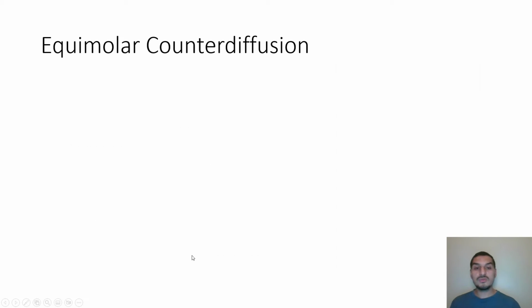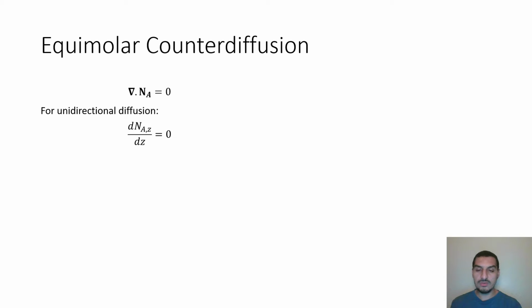So now when we go to the equations and see how we can represent this mathematically, we will start again with the same case. We have no reaction, we have a steady state, and for one-dimensional diffusion, this is going to be dNA/dZ equals 0, assuming that we have the diffusion in Z direction, and this means that N is constant.